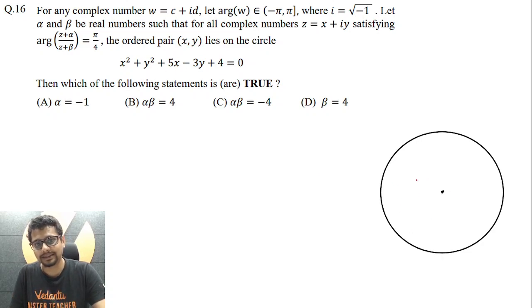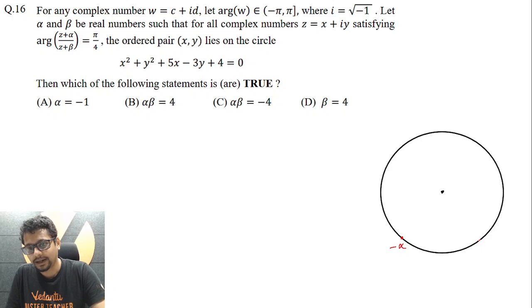So let's say this is that circle, and this is a point represented by the complex number minus alpha, or rather they are real values effectively. Real numbers are also a subset of complex numbers.